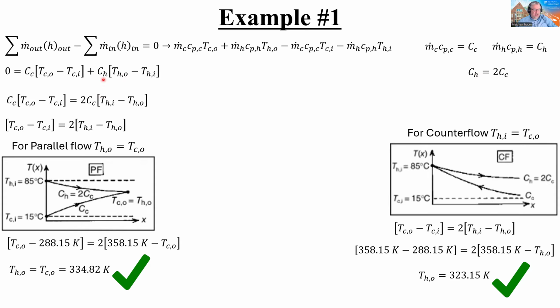So this C_H becomes 2C_C, and then I'm switching these two because I'm moving this to the other side of the equation. So that's like just multiplying by -1. And now C_C and C_C are the same value, so those cancel out, and I just get this guy. And so now this is the equation that I'm going to use.